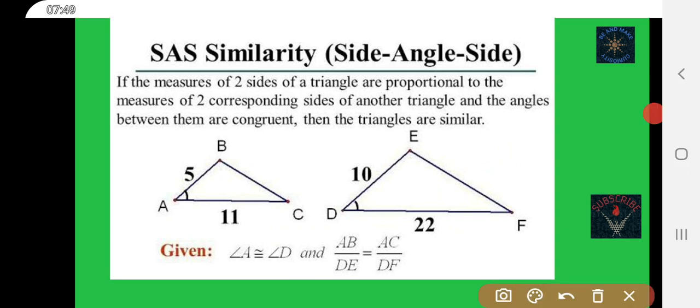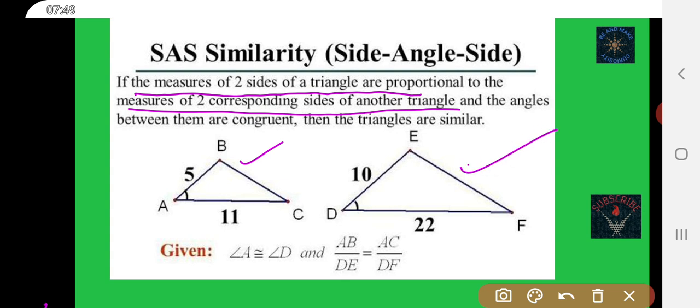Okay friends, see here SAS similarity, side angle side. If the measures of two sides of a triangle, this triangle, okay, are proportional to the measures of two corresponding sides of another triangle, this triangle, okay, and the angles between them are congruent, angles between them are equal, okay, then the triangles are similar.